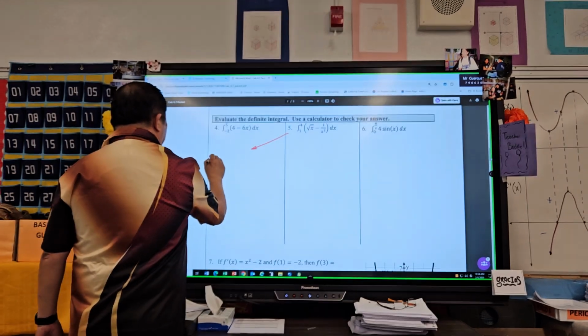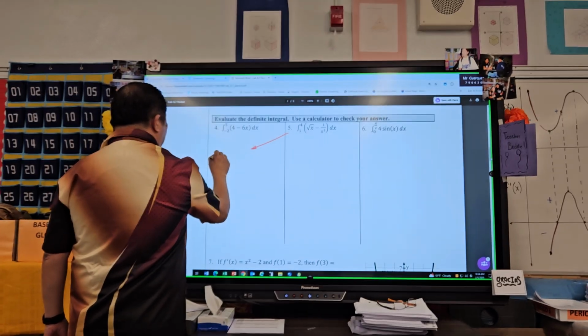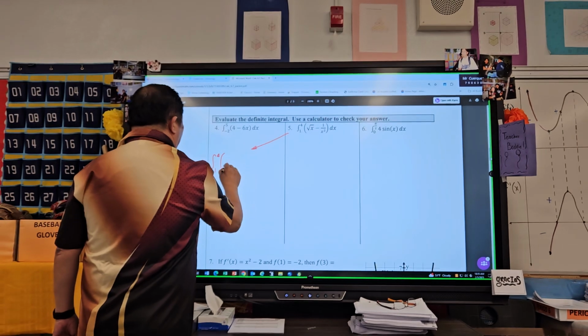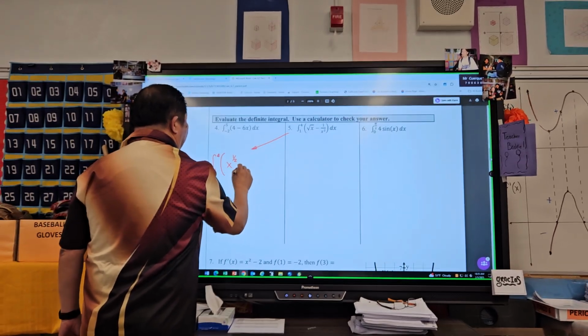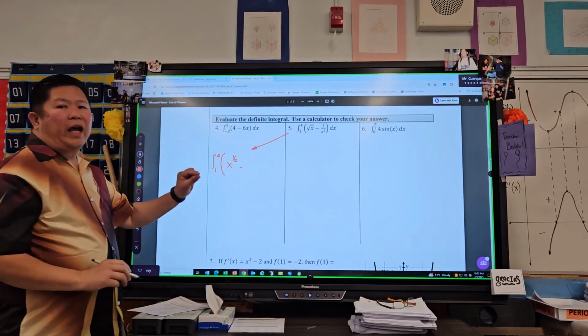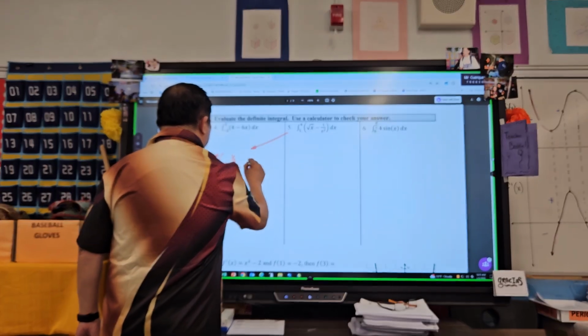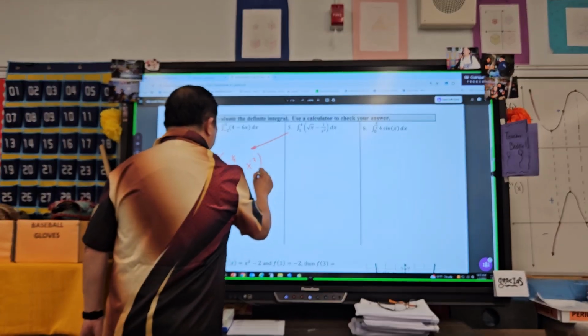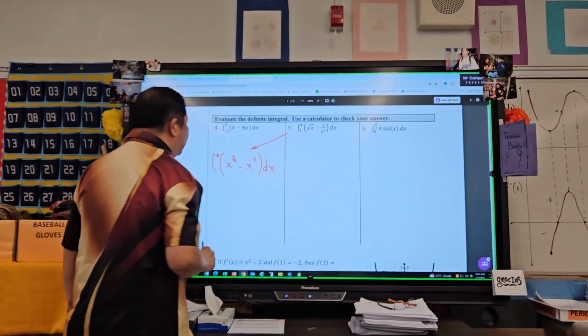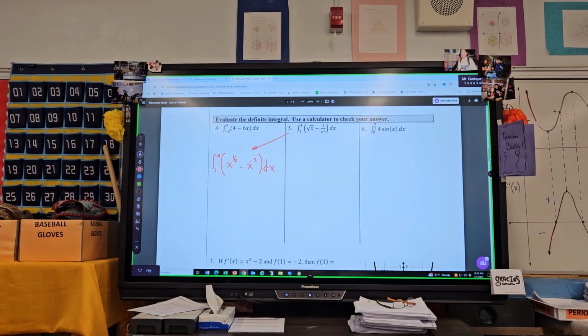So the integral from 1 to 4, x to the power of 1/2 minus x to the negative 2 dx. Now do the antiderivative and then plug in the upper limit minus the lower limit.